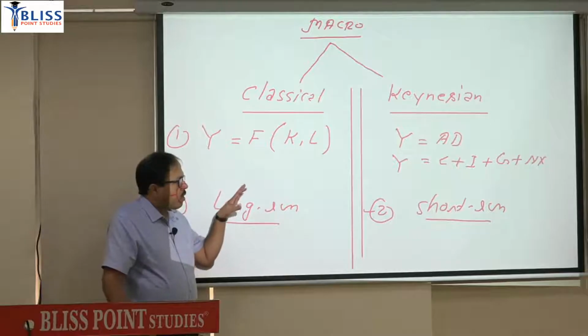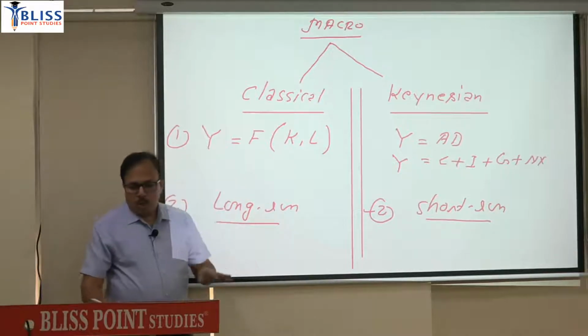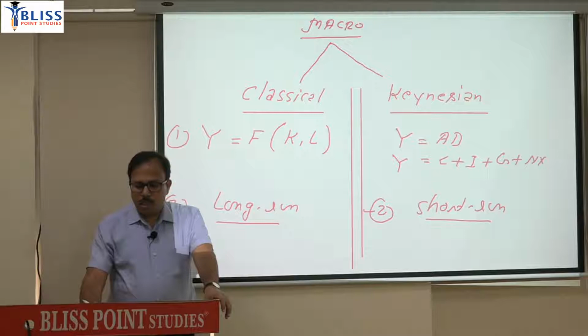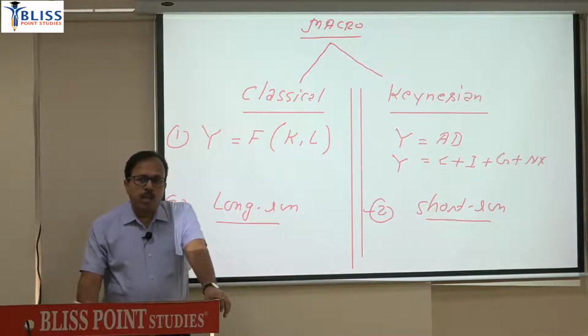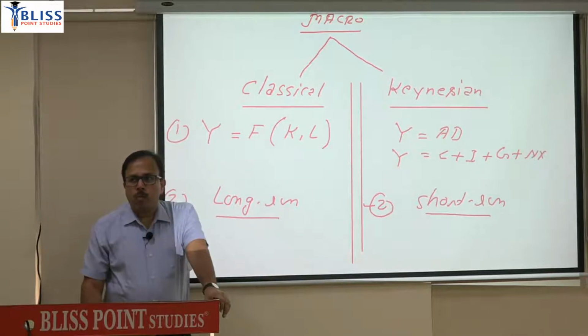Now, when the classical economists provided the description of economy, their argument is that in the labor market we will always have full employment. But full employment does not mean that everyone is employed. Full employment only means that labor market is in equilibrium.